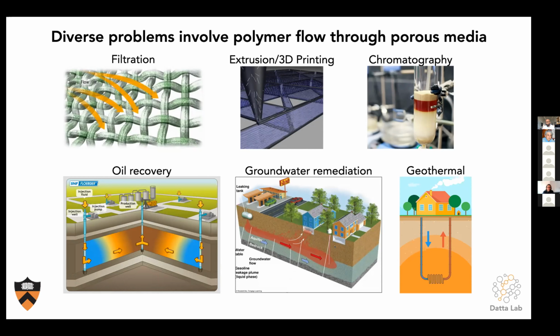A similar problem arises in groundwater remediation, where you want to remove immiscible contaminants trapped in groundwater aquifers, and polymeric formulations are often used for that. And more recently, inspired by some of the talks that I heard in this workshop today and yesterday, and a recent interest in geothermal energy, it may be that using polymers can help promote mixing and heat transfer in geothermal systems. And that's something that we're also very interested in.